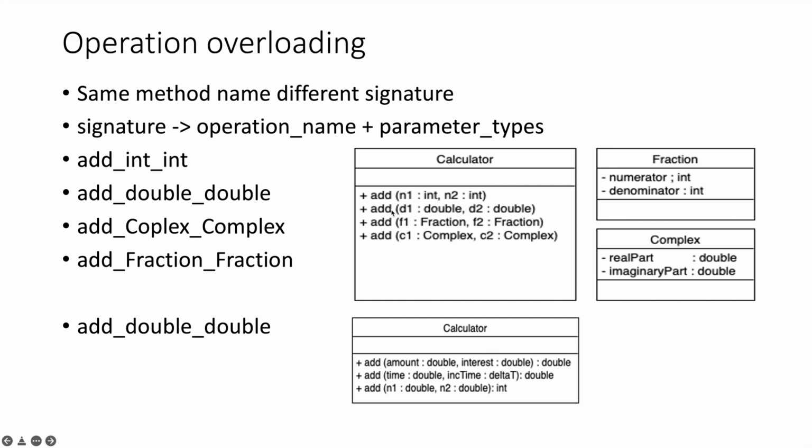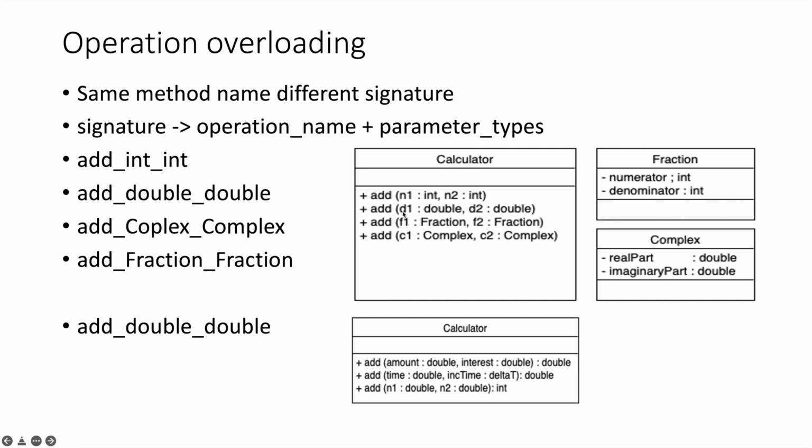This is where operation overloading comes in handy, because fraction is a data type which has a numerator and denominator, complex is a data type which has a real and imaginary part, and there are two parameters of this type and two parameters of fraction type.